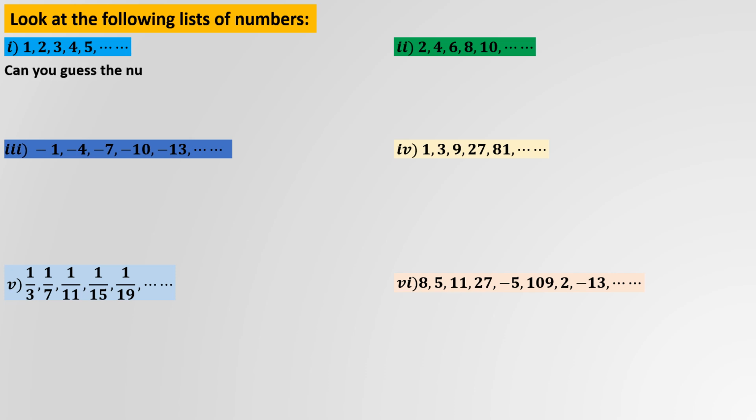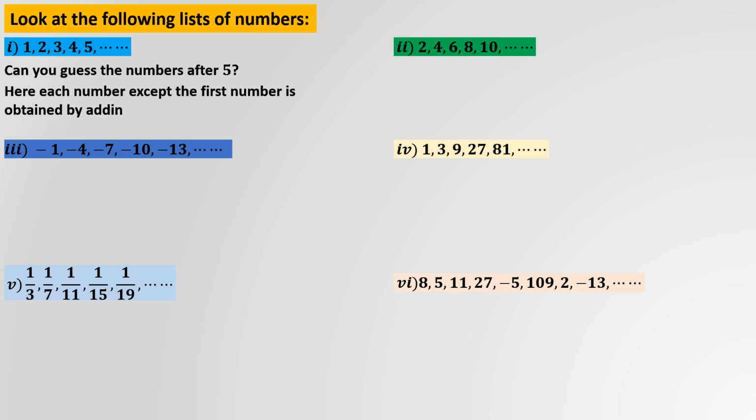Now, look at the first list of numbers. Can you guess the numbers after 5? Here, each number except the first number is obtained by adding 1 to the previous number. So, the succeeding numbers are 6, 7, 8, and so on.